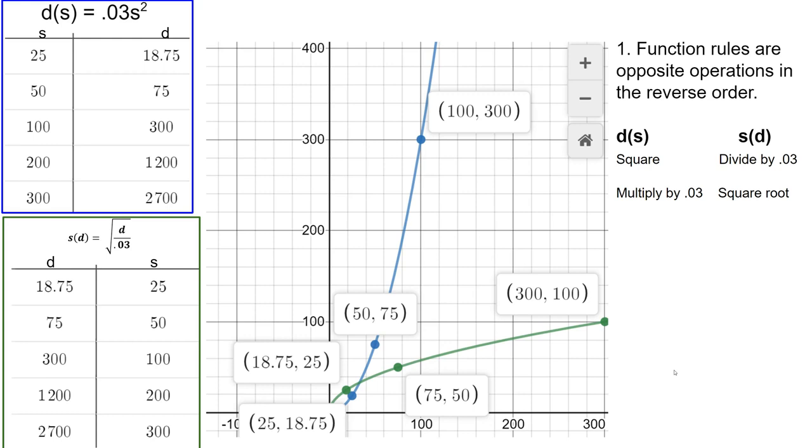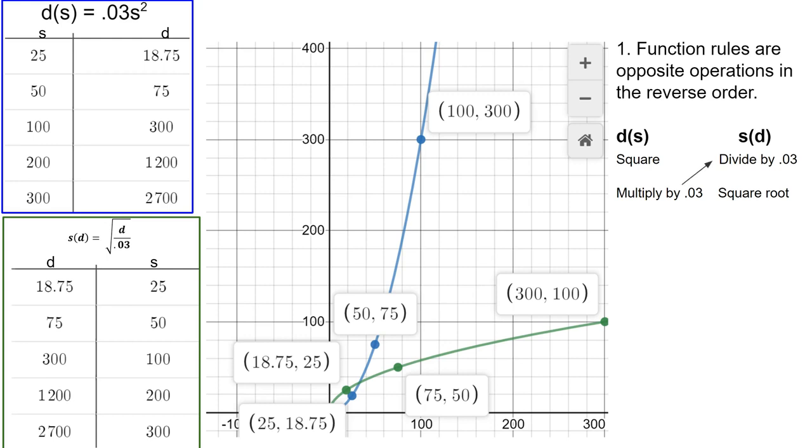One way I can see that these functions are inverses is because they have opposite operations in the reverse order. So in the D of S function, the blue function on the graph and the blue table and equation, we square S and then we multiply by 0.03. In S of D, we do the opposite operations in the reverse order. The last thing that was done in D of S was multiply by 0.03.